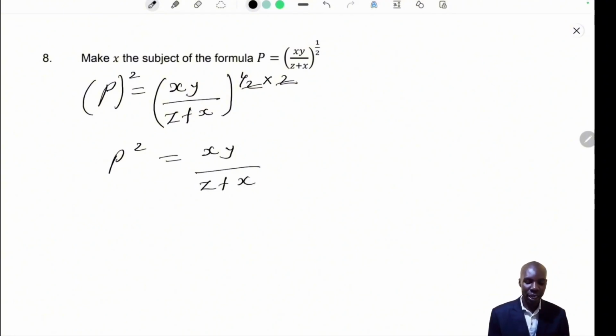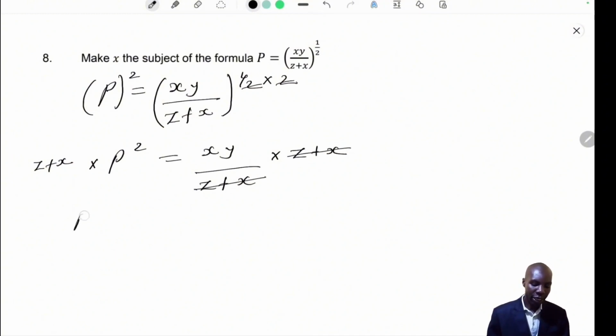Then from here, I can do away with the denominator by cross multiplying. I'll multiply this side by z plus x, and this side by z plus x, so this one will cancel out.